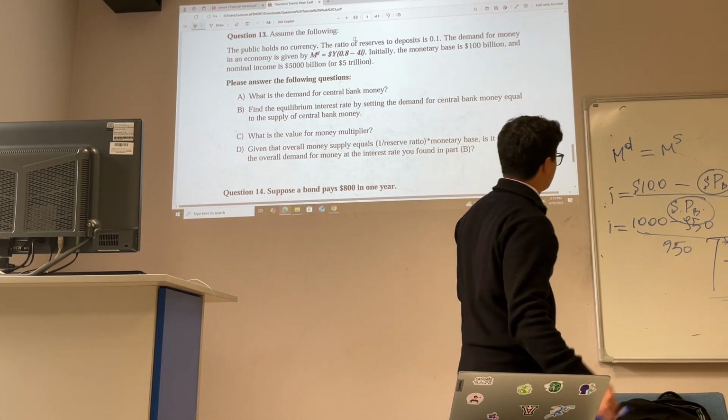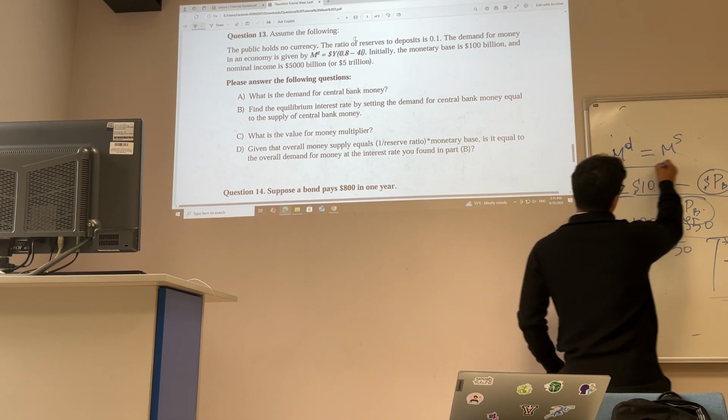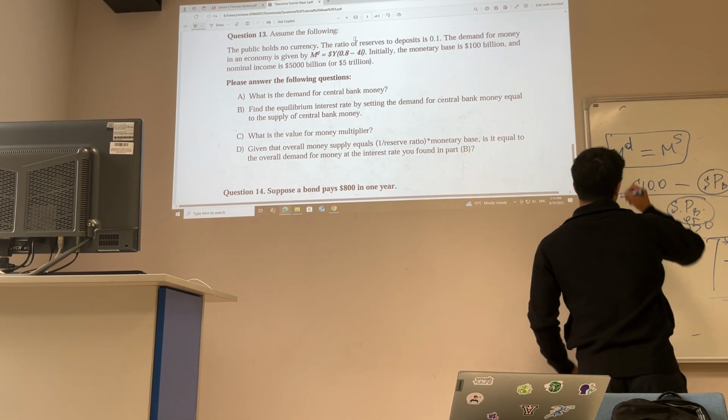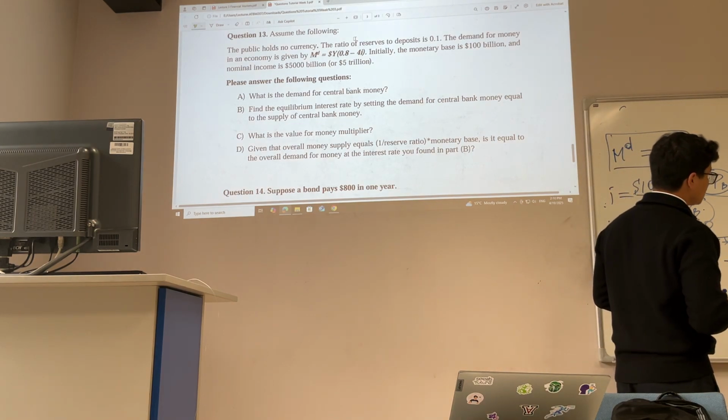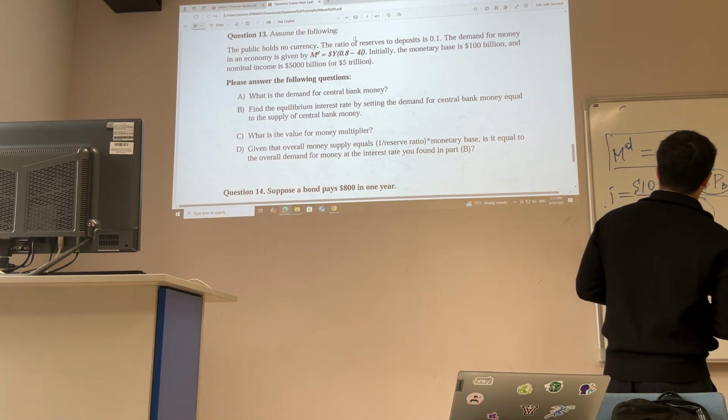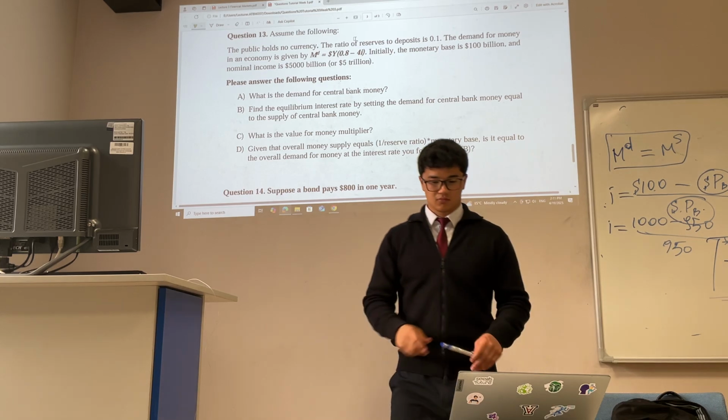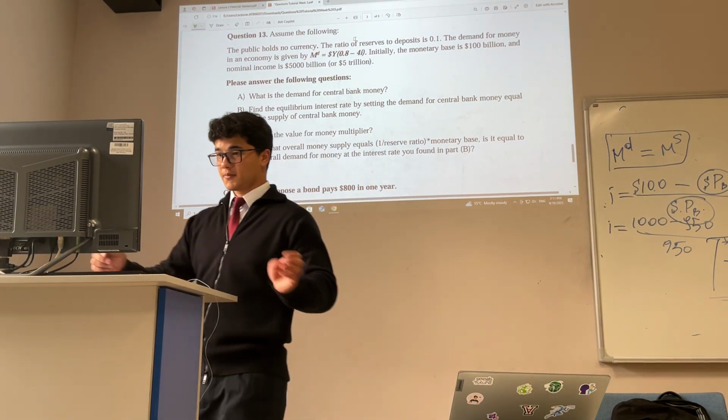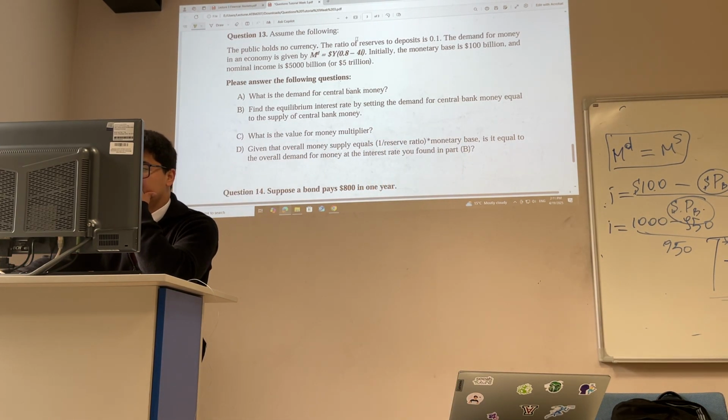In the B part, you need to find MD. We are assuming that they are equal, so find the interest rate by setting this one equal to the other one.